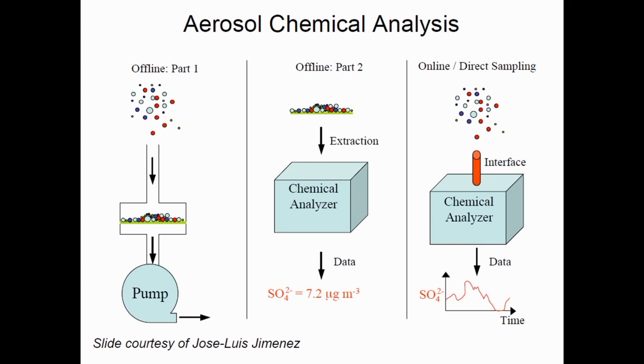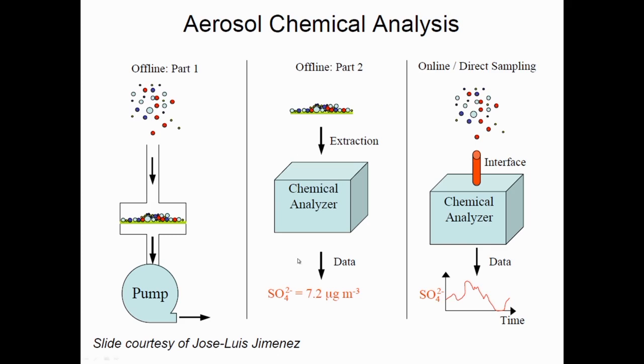But what happens if you collect lots and lots of particles and then you put them through a chemical analyzer? What does it tell you about individual particles? It doesn't tell you much about them.